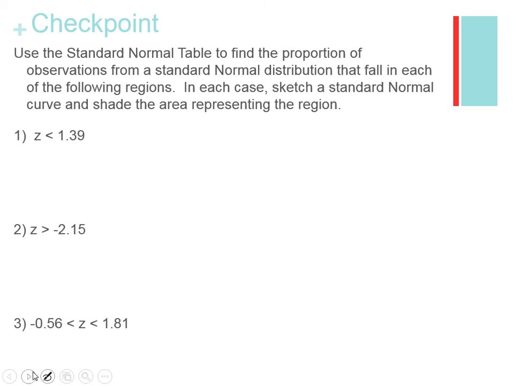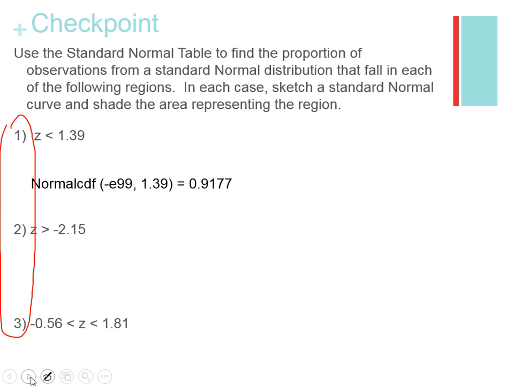So with number 1, you have these questions here. These are all normal CDF problems. So with number 1, I'm going to do the normal CDF from negative infinity (E99) to 1.39, and here's the value that you get when you do that, 0.9177.